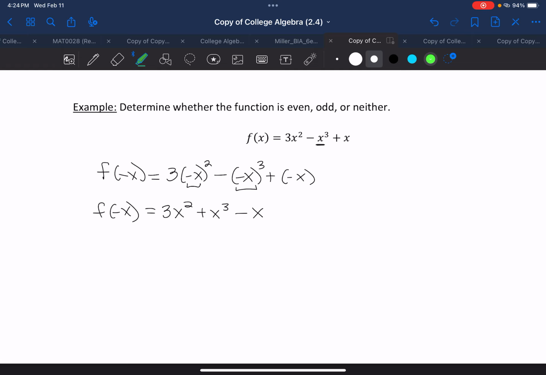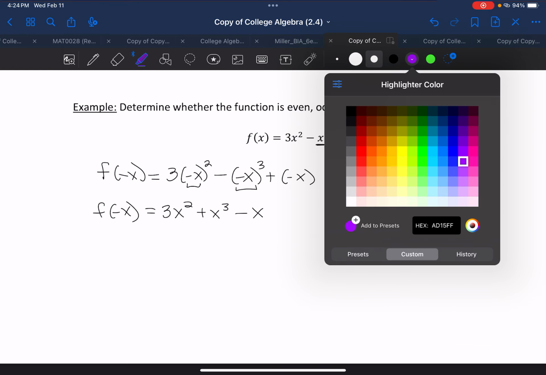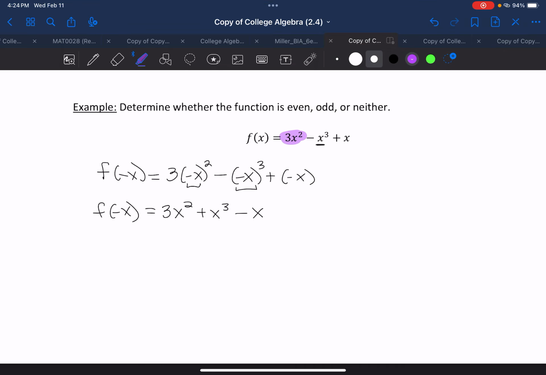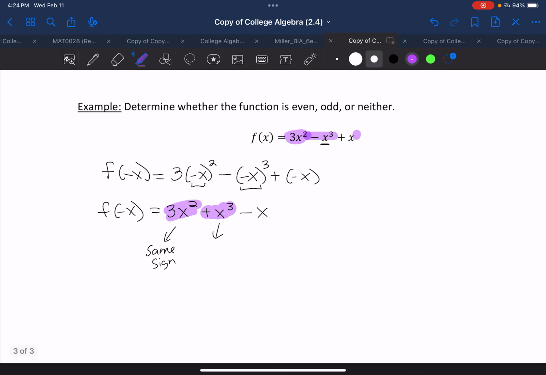So now I go and compare. The first term was a positive 3x squared, and that's still positive 3x squared. But the second term was negative x cubed, and this one's positive x cubed. So that sign changed, but the first one was the same. And the last one is different as well, because it was positive, now it's negative.